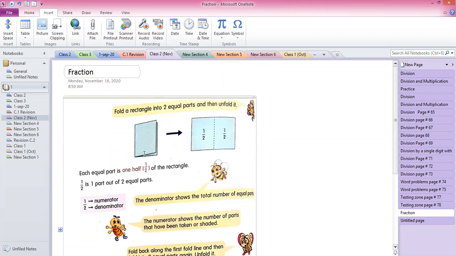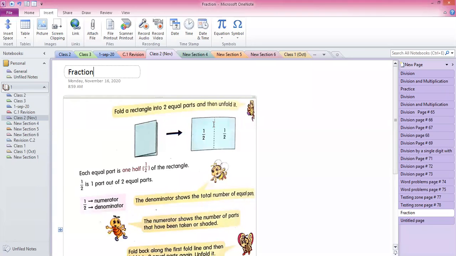What I did, I take one paper and I fold it into two equal parts like this. After folding, when I unfold the paper, you will see it will look the same as you can see in the picture. Again I repeat, let's take a paper and fold it into two equal parts.